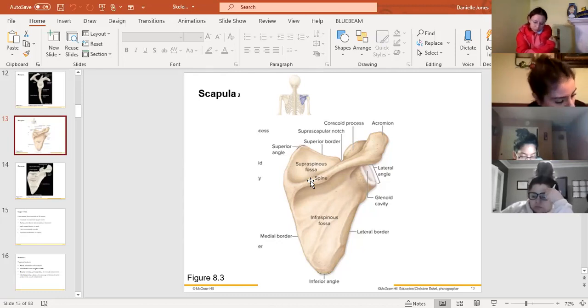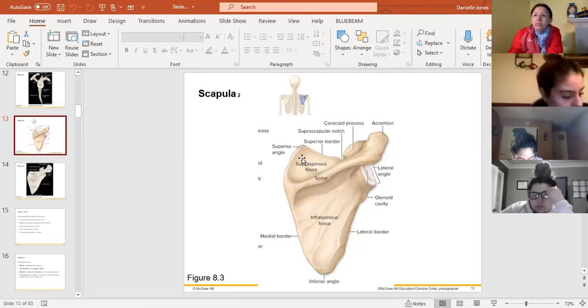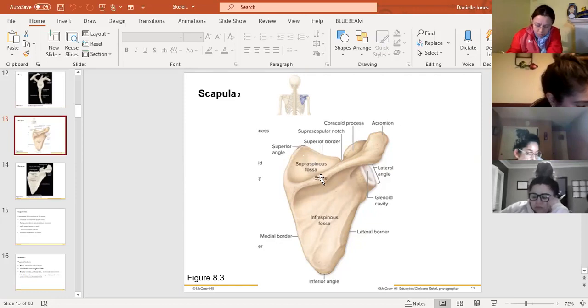Spinous is referring to the spine. So supraspinous fossa is a shallow depression that is above the spine. And that's right here. The supraspinous fossa is above the spine, and it's a shallow depression. If we look right here, this is a shallow depression. It's smooth. And that's that supraspinous fossa.